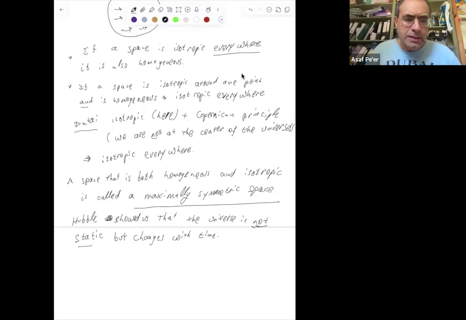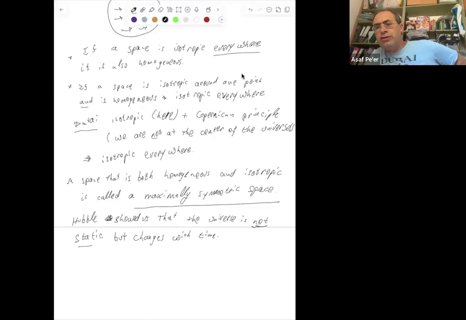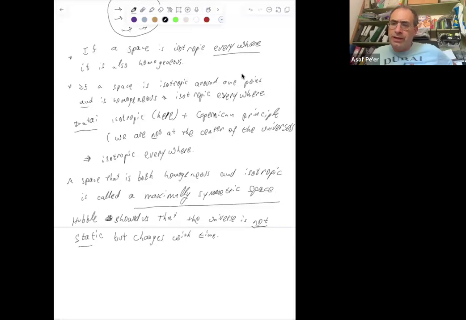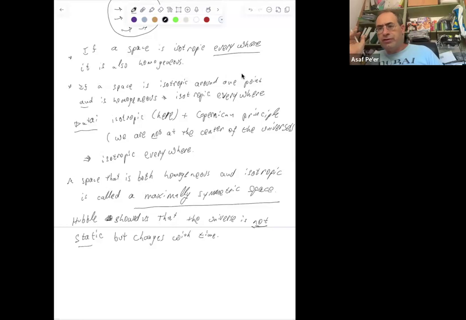So that means that the idea that the universe is homogeneous and isotropic only applies to the spatial part of the universe, not to the temporal part. So we'll have to make a distinction. Remember when I introduced the notation of 4-vectors at the beginning of the semester, I told you that when we reach cosmology, we'll have to make the separation between time and space. So the spatial part of the universe is homogeneous and isotropic, but the temporal part is evolving.